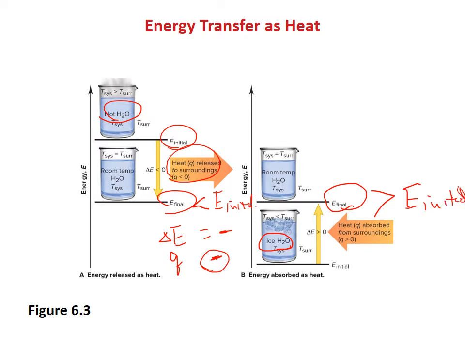And so in this case, delta E is positive. And heat is the form of energy change, and therefore Q is positive. So when energy is absorbed as heat by the system, Q is positive. And when energy is released to the surroundings as heat, Q is negative.